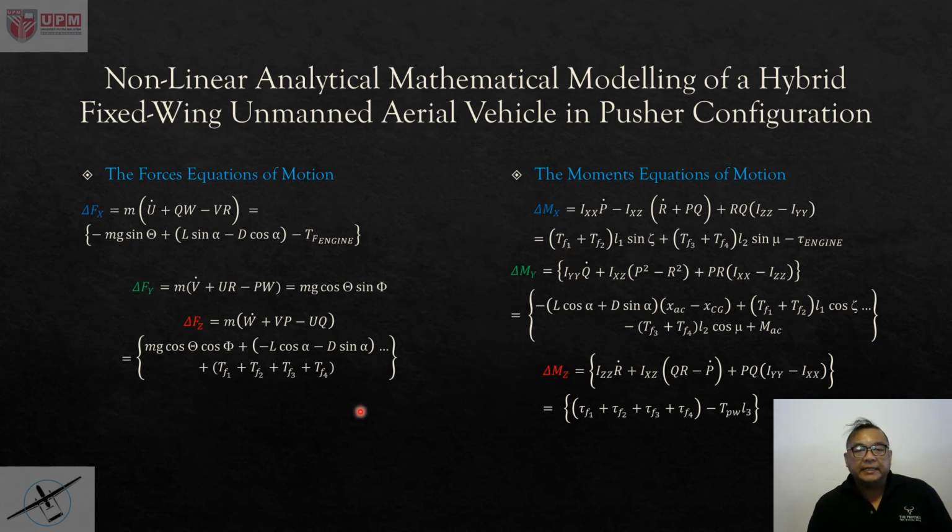So one can see that the contribution of the engine, the main engine, is visible in this equation of motion, and also the contribution of the rotors that provide the vertical lift is also present along with their distances from where the forces and the moments act to the center of gravity.